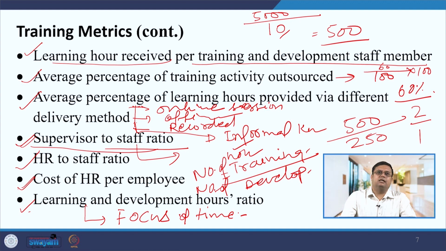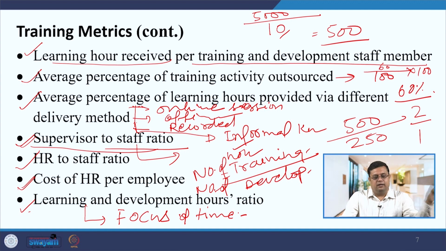So now the question comes, how can you decide how much learning and developmental opportunity should be given? For that you need to understand the goal setting for each employee and the number of working days. In order to achieve those goals, what effective engagement per employee is required?